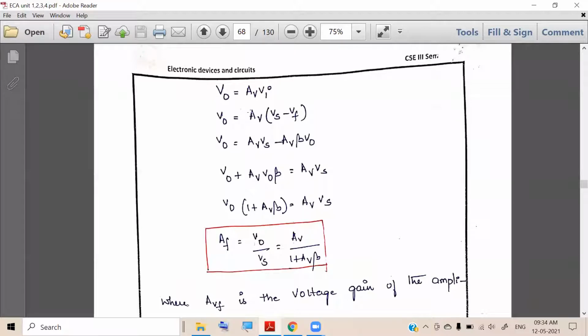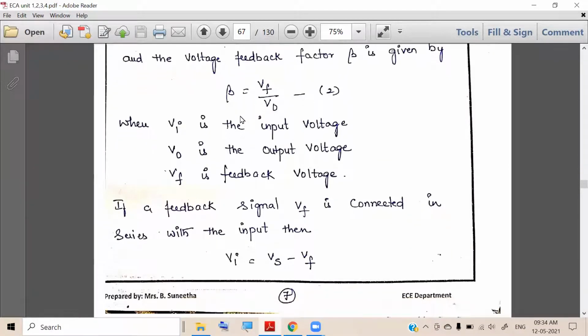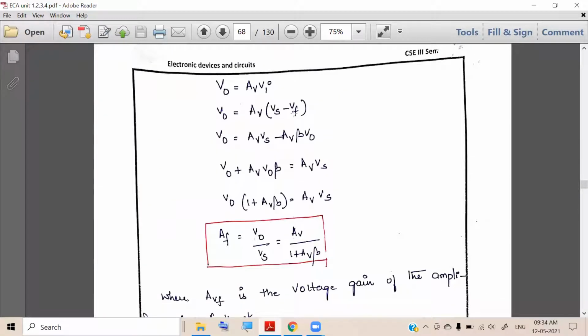So V naught as it is, AB as it is, and in place of Vi we write Vs minus Vf. Next, we know the feedback signal Vf is beta multiplied by V naught, so we replace Vf with beta V naught.